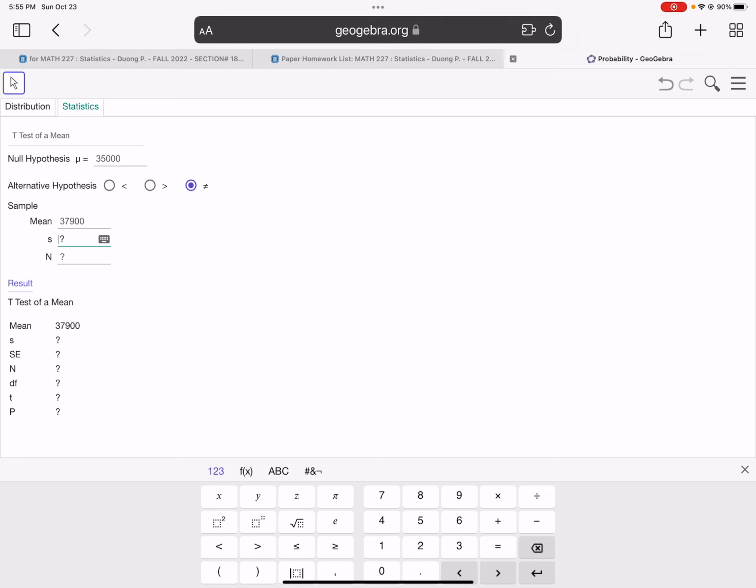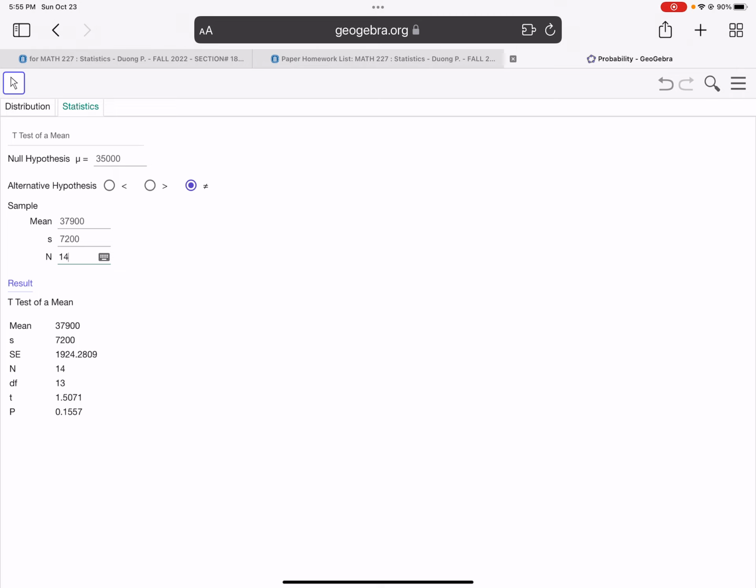The standard deviation is 7,200. The sample size is 14. So you can see right here that in the very last line, the p is 0.1557. That is the p-value.